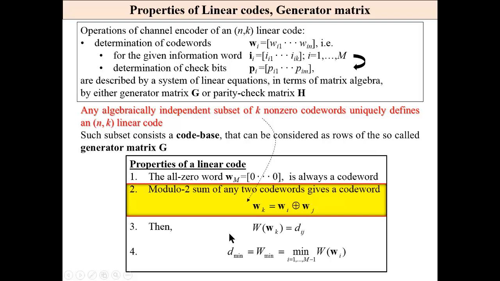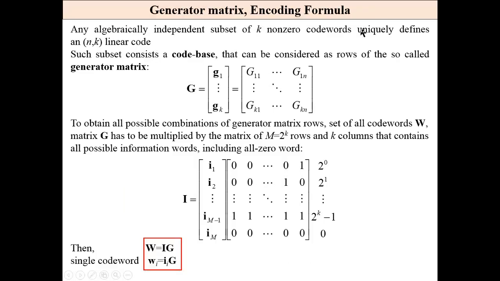Generator matrix. Let me repeat, the code base consists of K code words that are linearly, algebraically independent. This is a generator matrix. G1, Gk, K code words. Rows of this matrix are code words, algebraically independent.